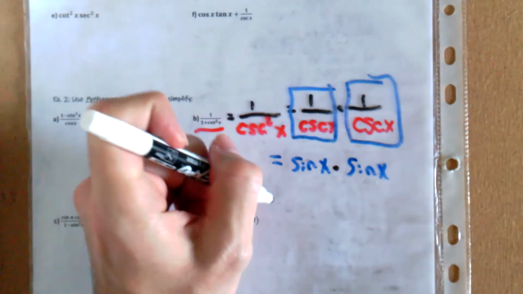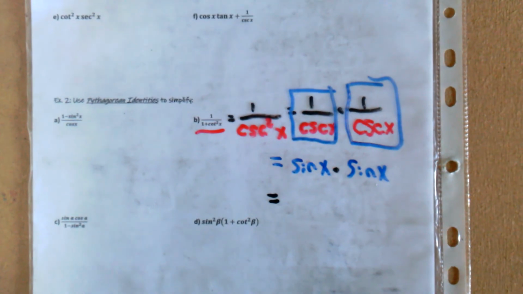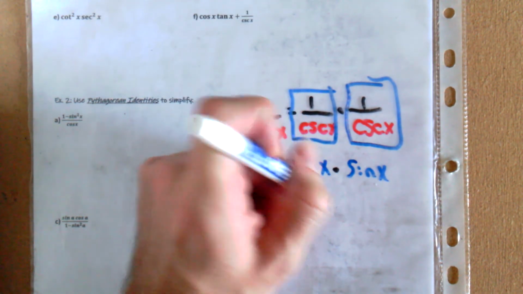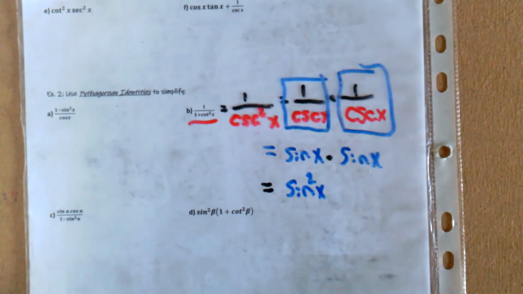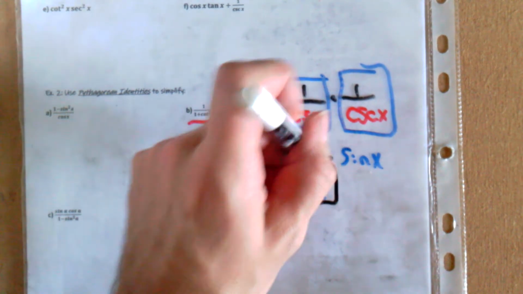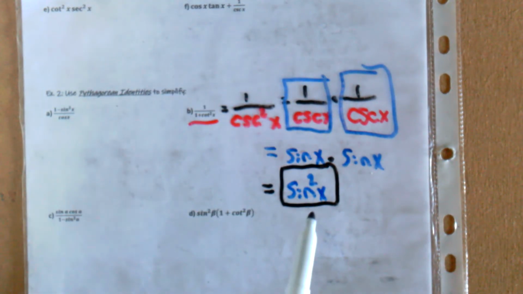And sine times sine is the same thing as sine squared. And that's our simplified answer, because we don't have any fractions, and we only have one term that's squared.